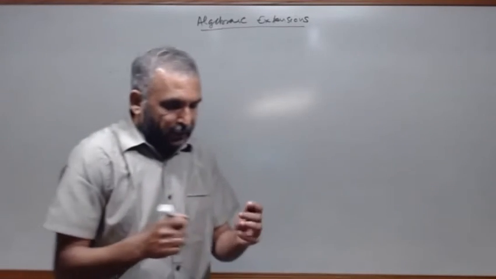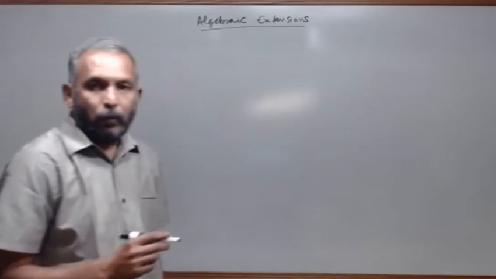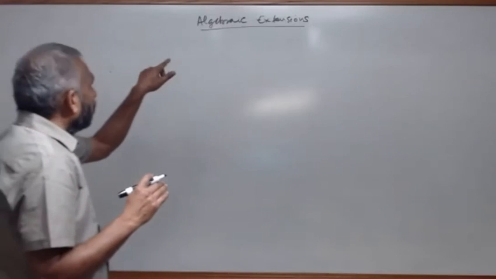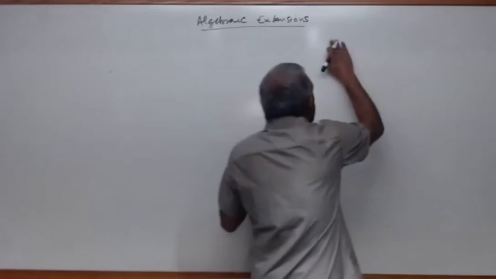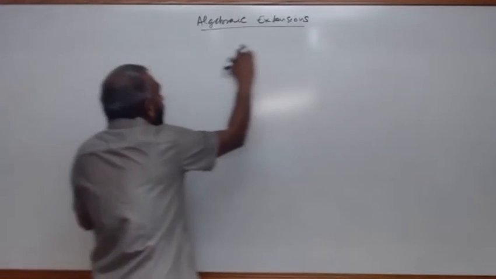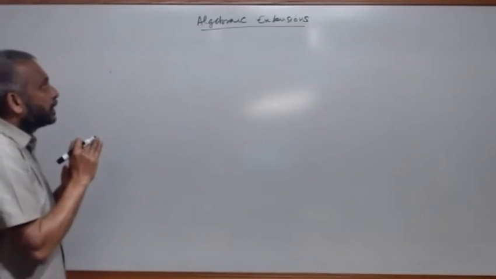So with these definitions and results from vector spaces, let's come back to our topic, algebraic extensions. So we are going to realize or identify the simple extension as a vector space.